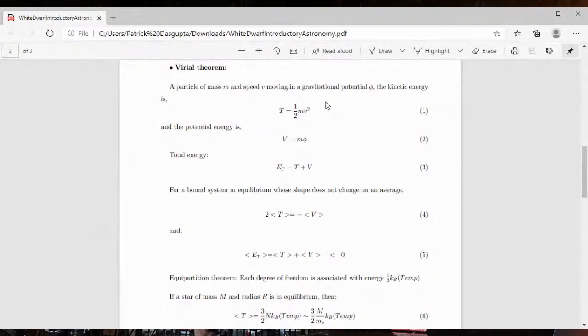So 10 meter per second translates to 1000 centimeter per second. Square makes it 1 million centimeter square per second square. Mass of 100 gram divided by 2, 50 into 10 raised to the power 6, which is 5 into 10 raised to the power 7 ergs of kinetic energy.